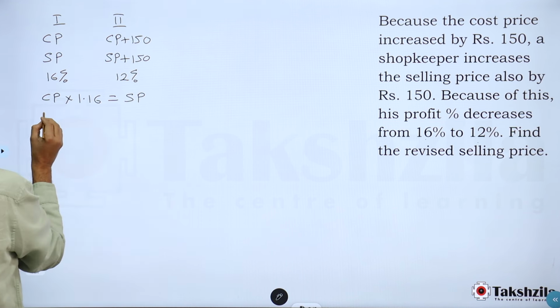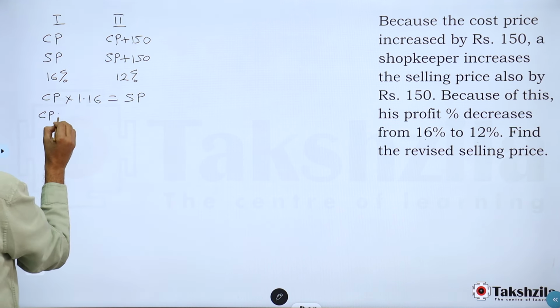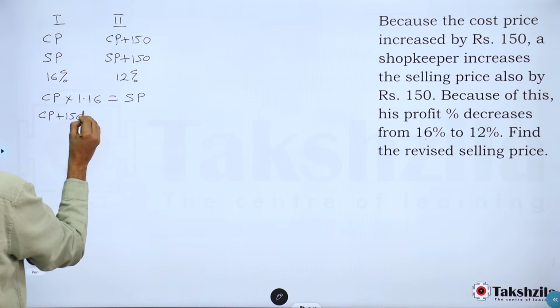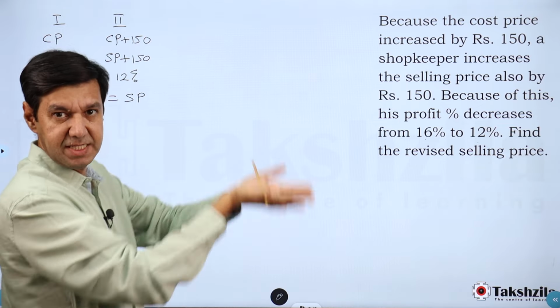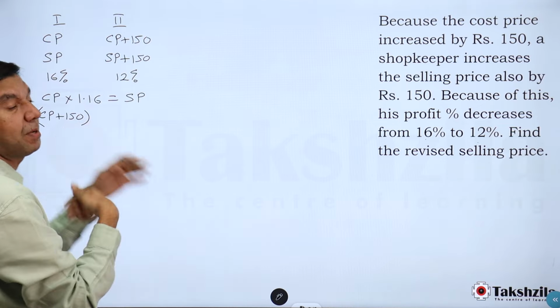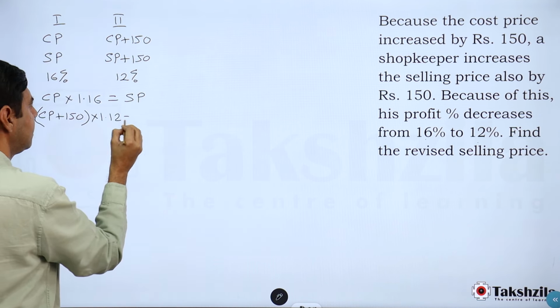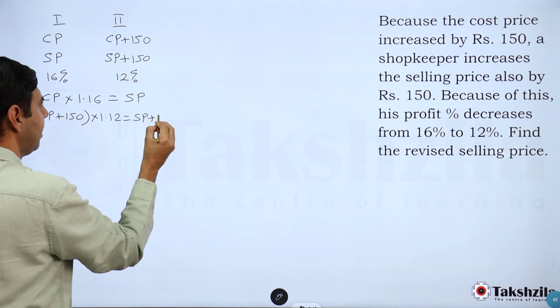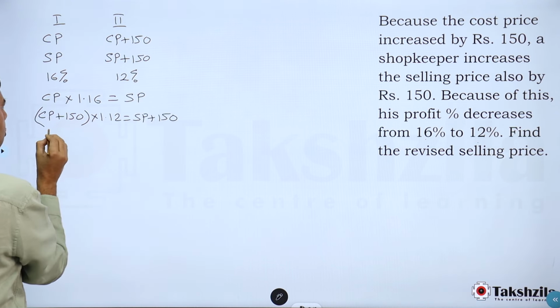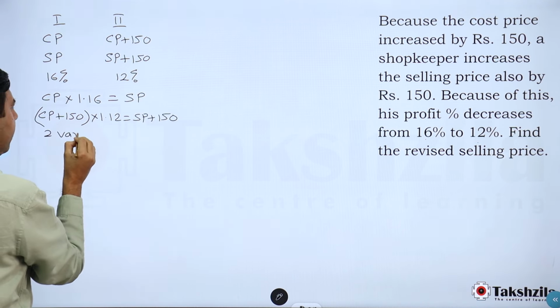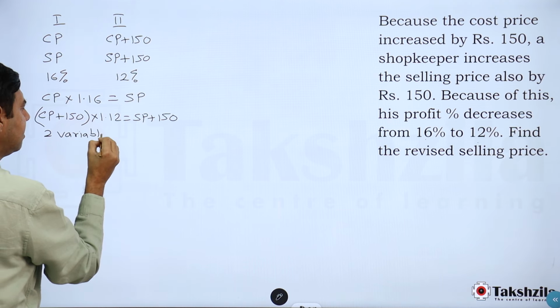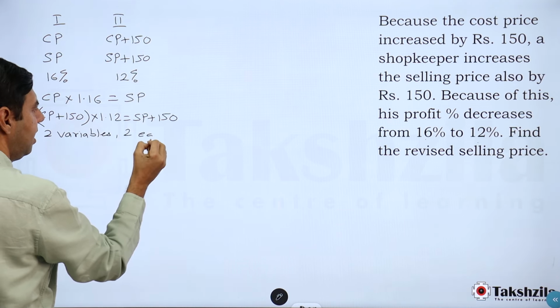In the second situation, my cost price is cost price plus 150. Start with cost price, increase it by 12%, that is plus 12%, into 1.12, is selling price plus 150. So this is two variables and two equations. So now I just need to solve this, right?